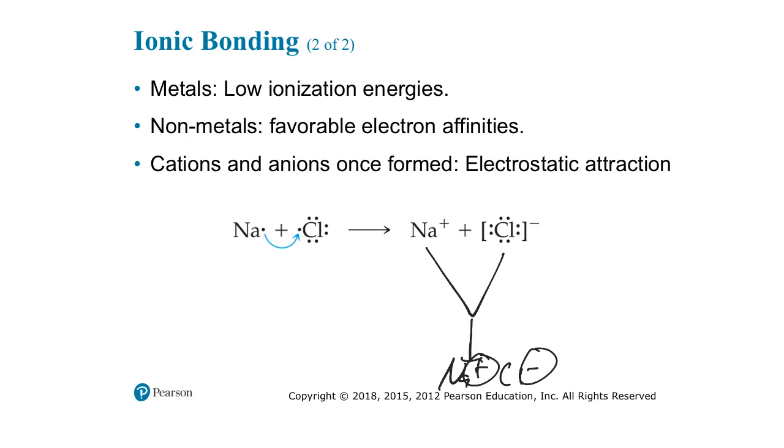Through Coulomb's law, we know you get an attraction of oppositely charged particles. So the electrostatic attraction then takes us the rest of the way to a stable solid compound. So then you get something like NaCl that forms as a solid with a melting point over 800 degrees C. So a very high melting point indicates a very strong attraction of those ions.